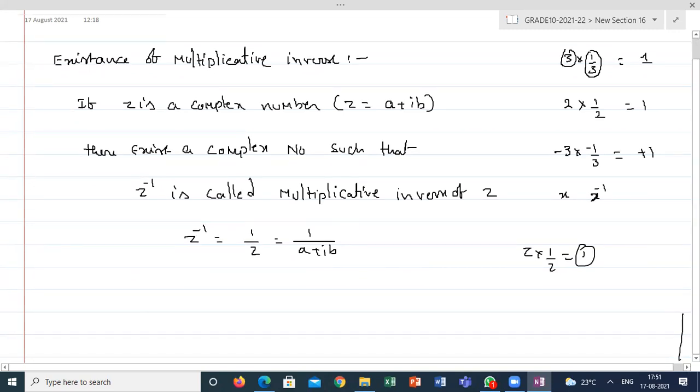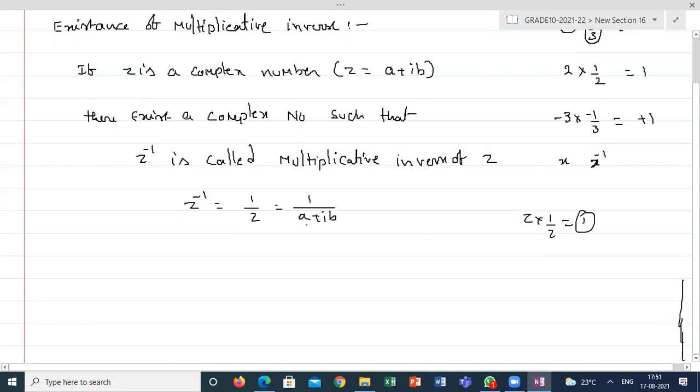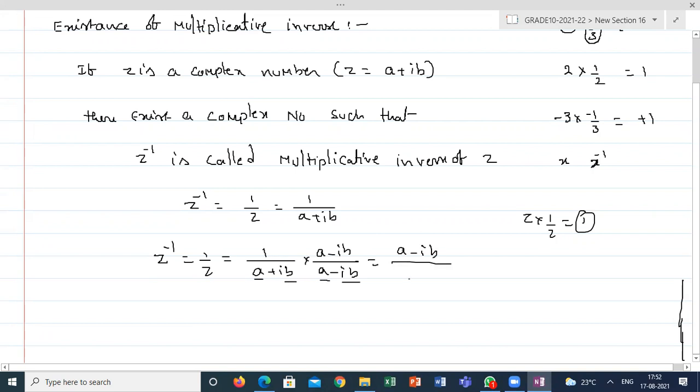Here I am using the concept of multiplication to write the standard form of z inverse. 1 by z is equal to 1 by a plus ib. I am multiplying a minus ib on both sides to check the existence for any number, where a, b are any real numbers. I am not taking particular numbers. This will be a minus ib by a plus ib into a minus ib. This will be a square minus ib whole square, according to the formula x plus y into x minus y.